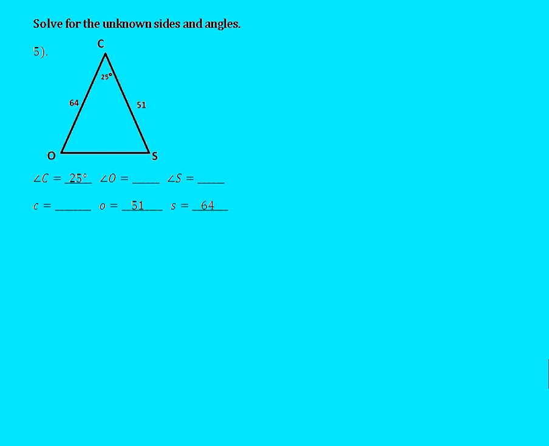Alright, part 2, the problems themselves. First one we'll look at, number 5, triangle COS. Don't worry, I said that we're going to have triangles ABC always tomorrow. But what we need to look for here is I need to find side C first, because angle C is all I have.